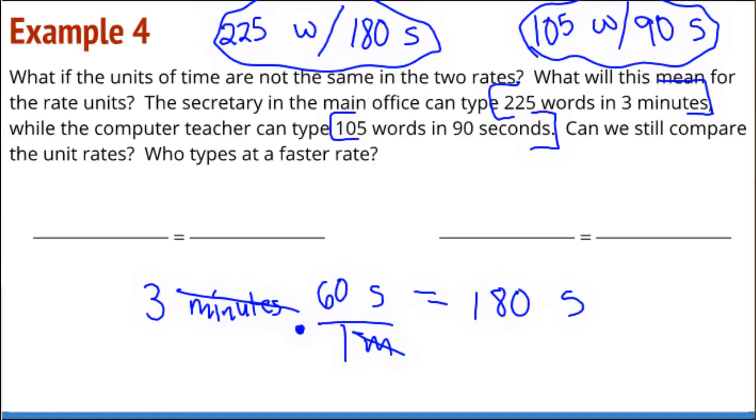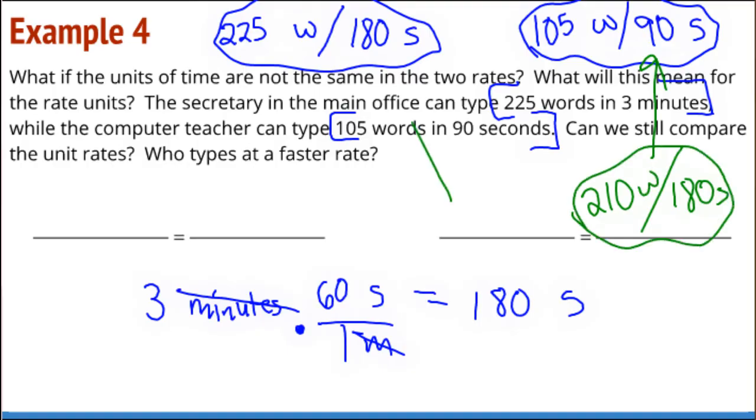I could double this one right here and have 180 seconds and have 210 words per 180 seconds. And I can then see that the secretary in the office is typing at a slightly faster rate. They're typing 15 words faster per 180 seconds. And of course, I could also scale this all the way down to 1 second. So absolutely, we can still make comparison.